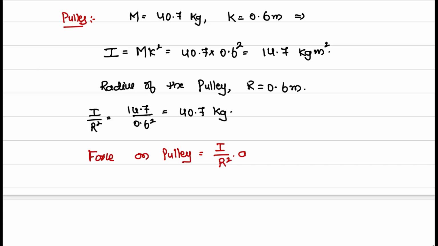You please try as a homework. Force on pulley is, this has got units of mass, this has got units of meter per second square. This is mass in this sense, it is kg. So that it is force. This has got Newton.